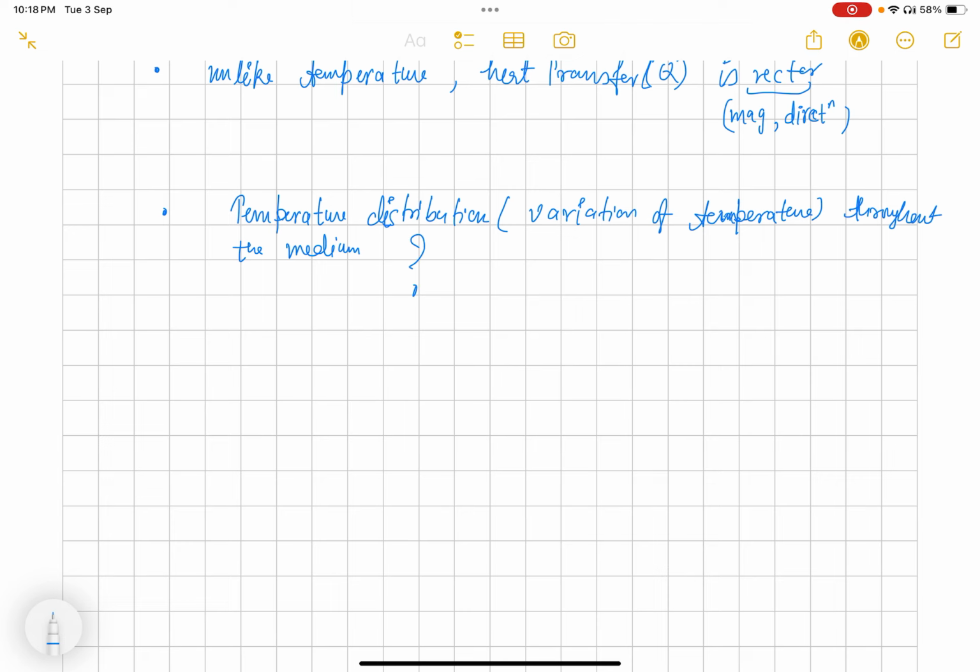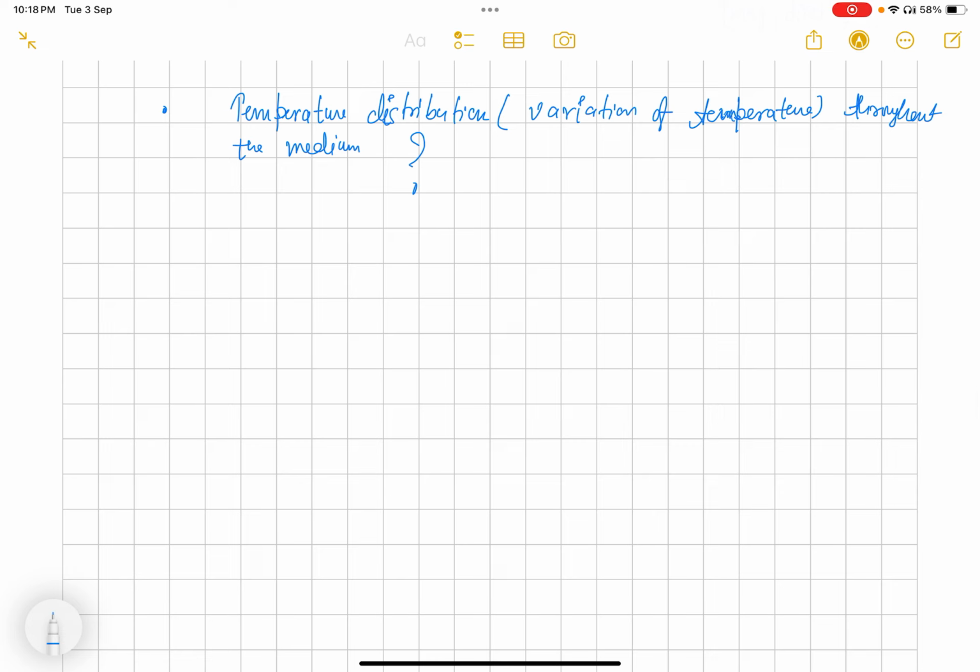How we can find that, we will see in this module. And why are we calculating the temperature distribution? To calculate expansion, thermal stresses, and the heat transfer rate.